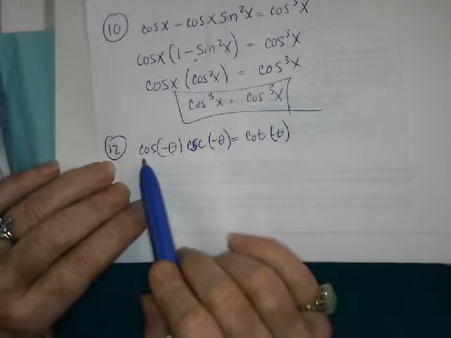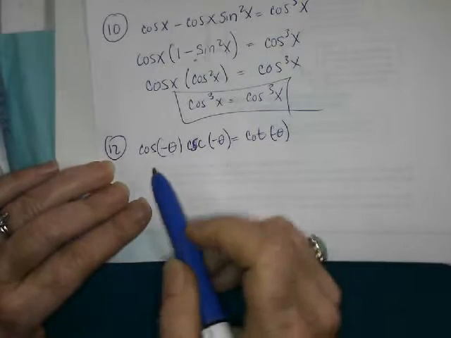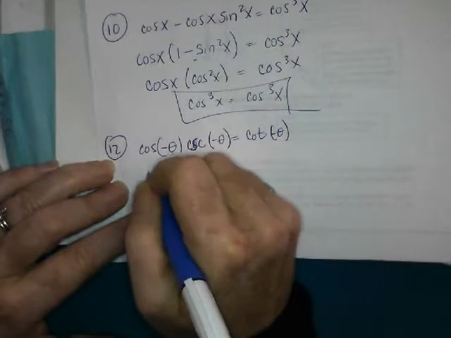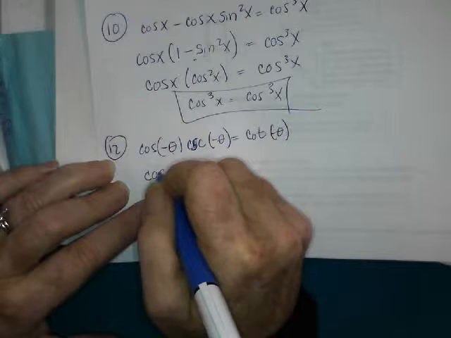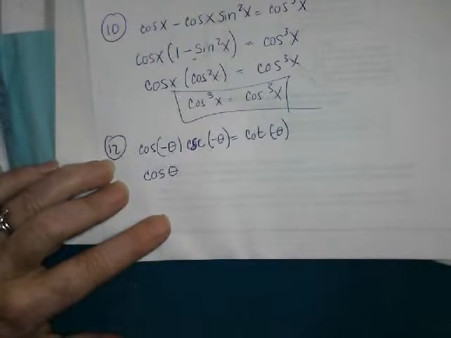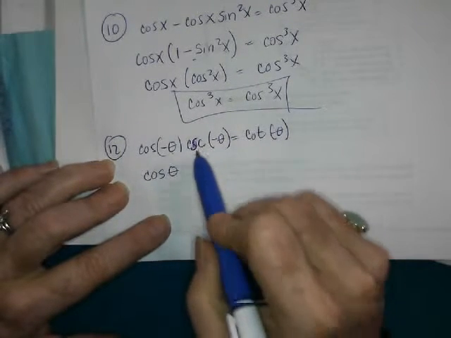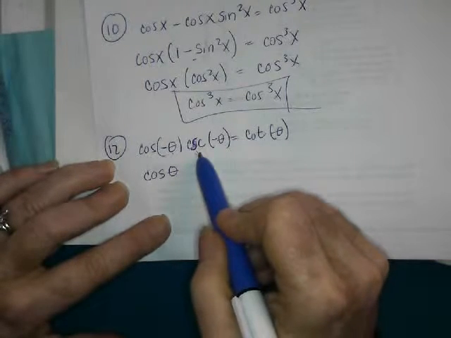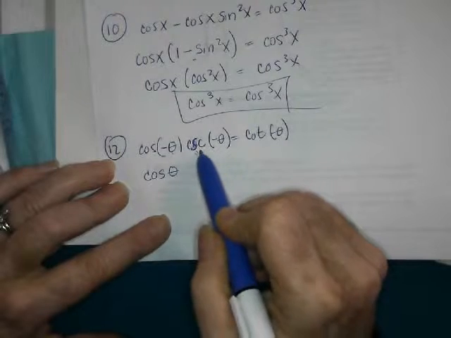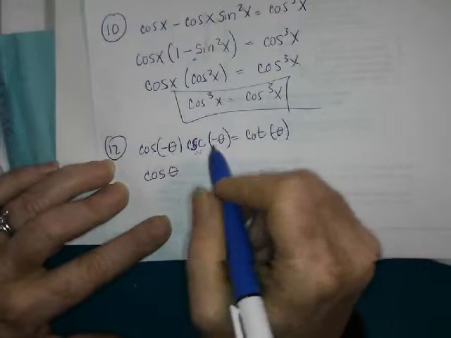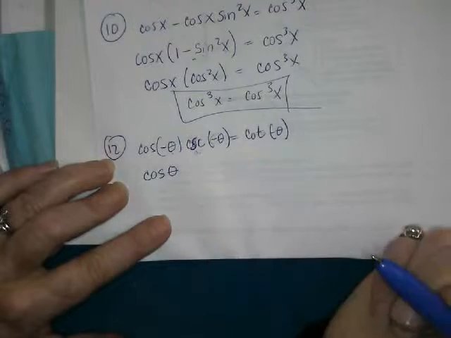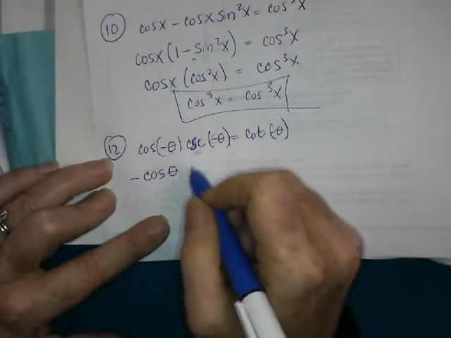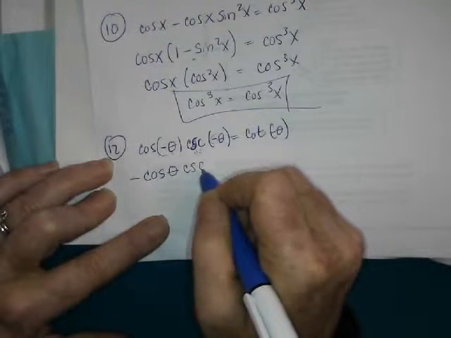So on this even function, since cosine's even, if I put in a negative angle, it's going to give me the exact answer as if I would have just put in that same angle but positive, so I can just change it. Cosecant is the reciprocal of sine, and sine is odd. So I'm going to actually get a negative, this negative sign can come out. But when I bring it out, I'm going to bring it way out here. And I'm just going to go like that.